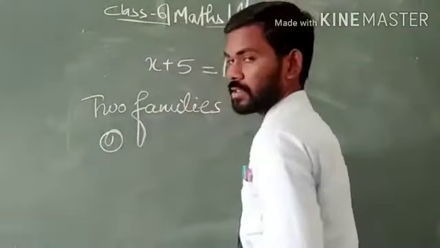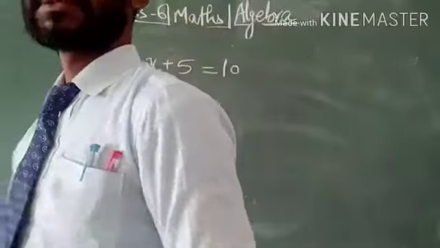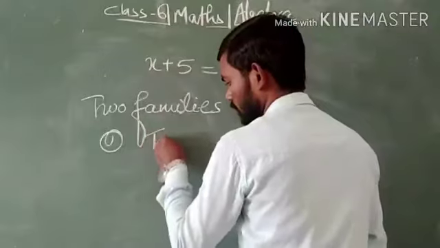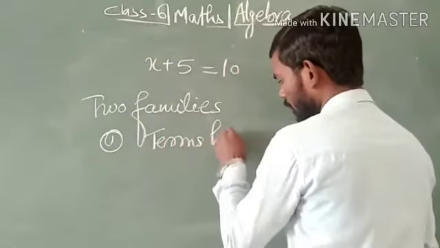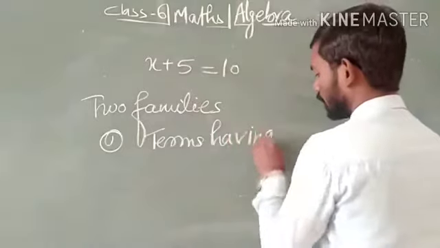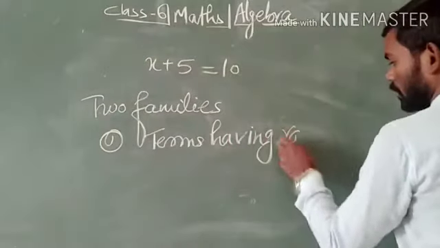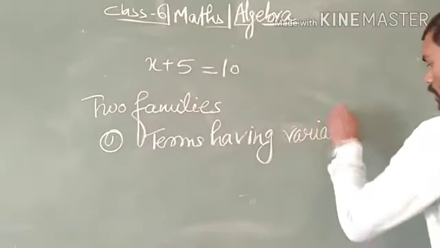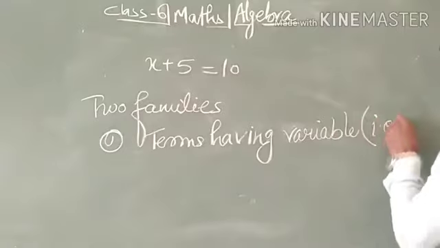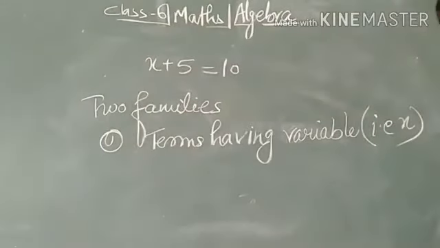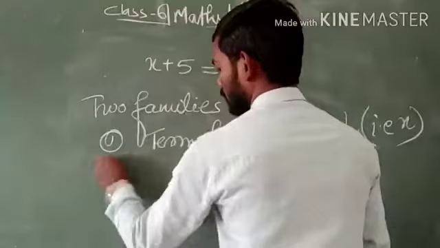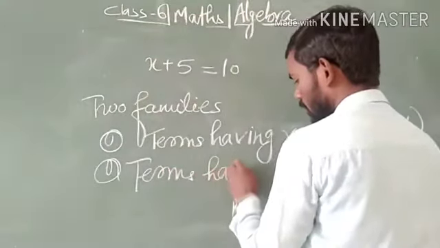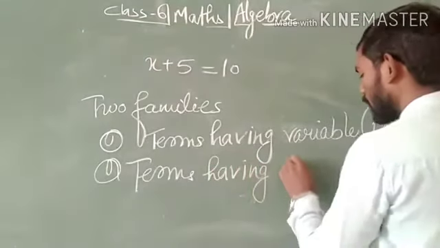The first one is terms having variable, that is x. And the second family is terms having no variable.